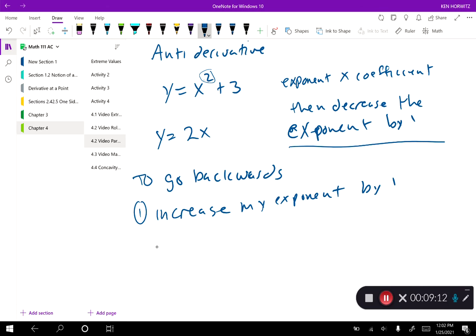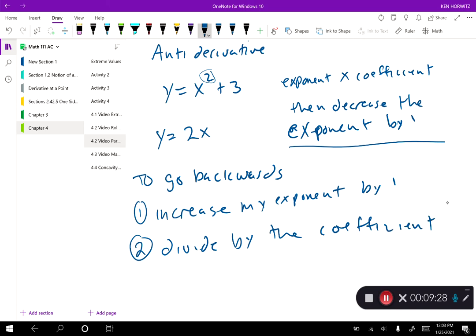And then after that, I multiplied by my coefficient, so to go backwards, I want to divide by the coefficient. And that's how you do the power rule backwards.